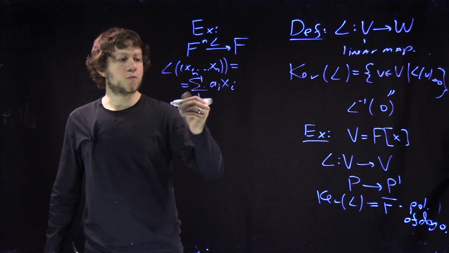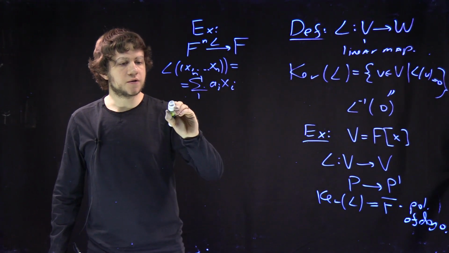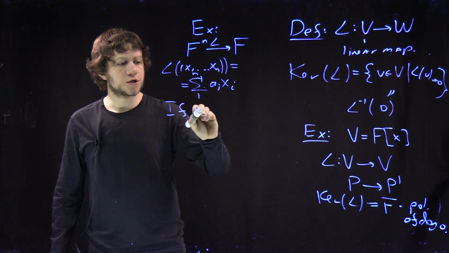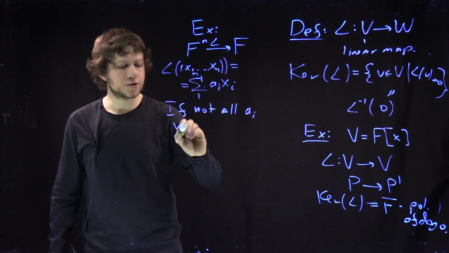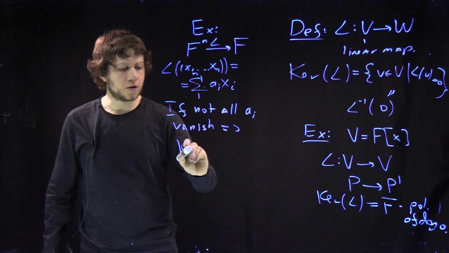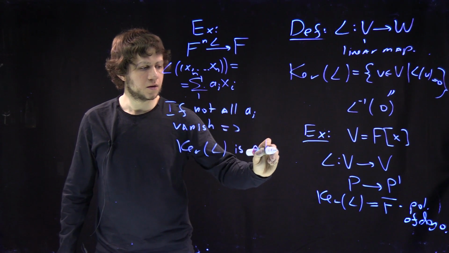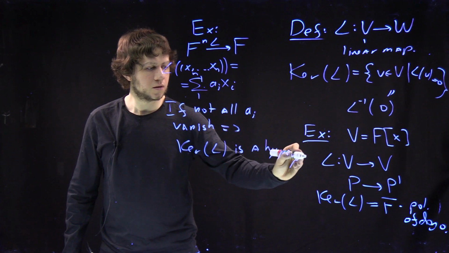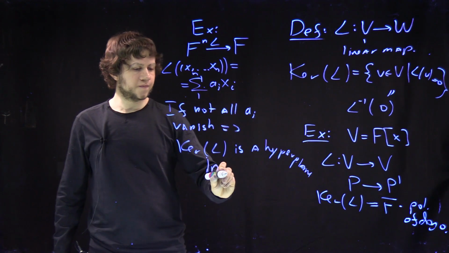And then one can ask, what is the kernel of this map? If not all a_i vanish, so not all of them equal 0, then the kernel of L is a hyperplane in V.